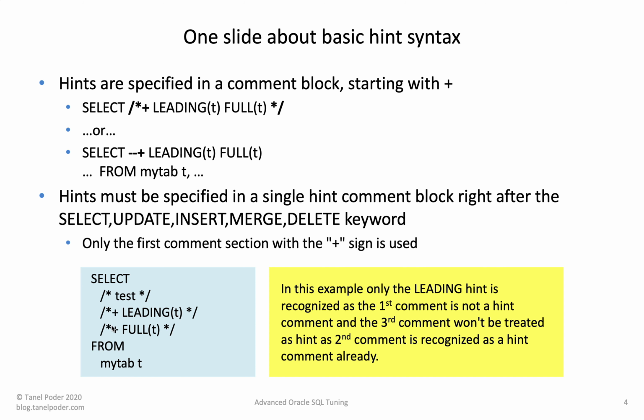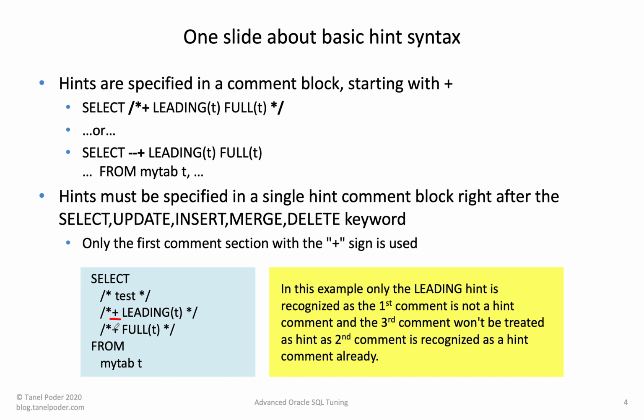So that's another hint, but this hint will not be honored because the Oracle SQL parser has already found the first hint block with a plus sign. It will parse the hints in that block, and it will not look into any other hint comment blocks under this query block. If you have a subquery here with another select, you can put hints in there.